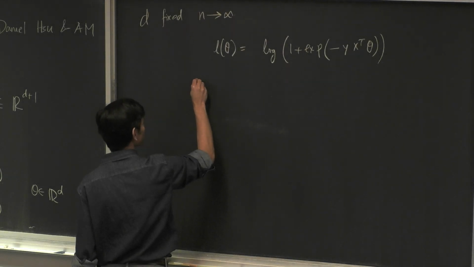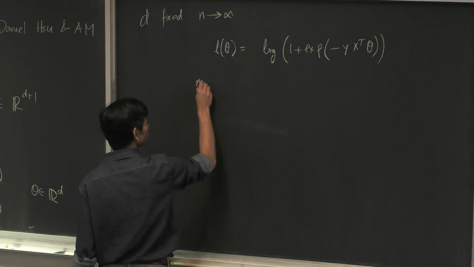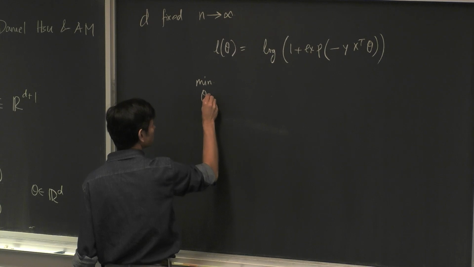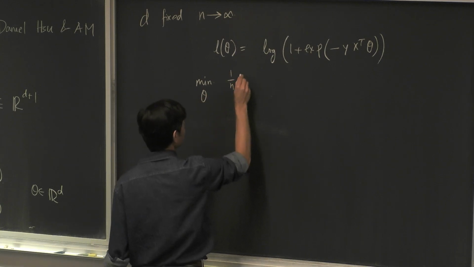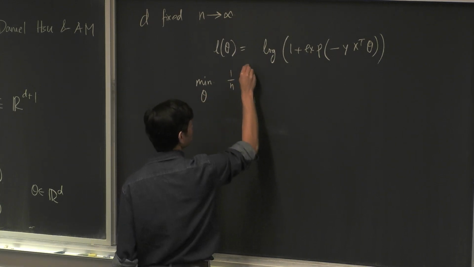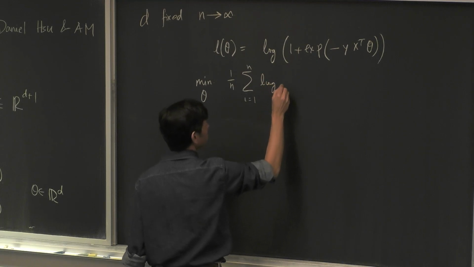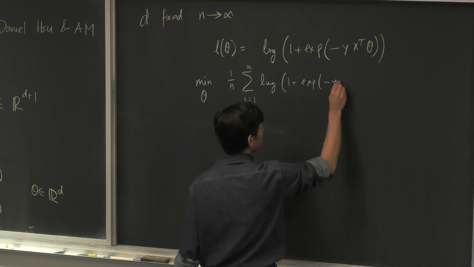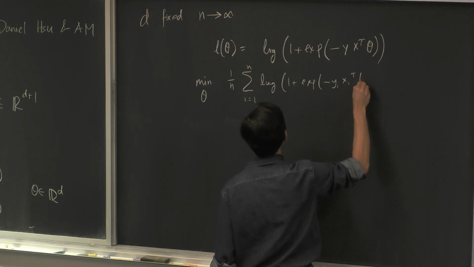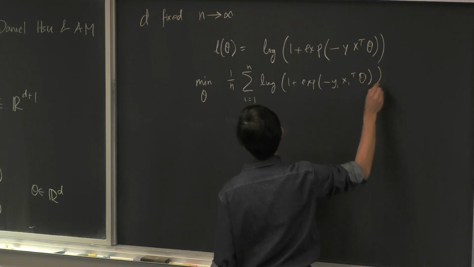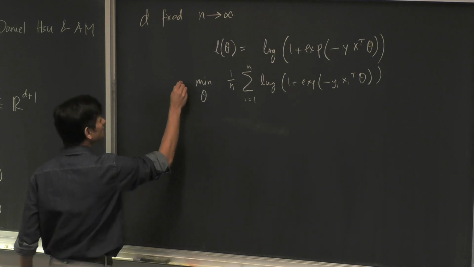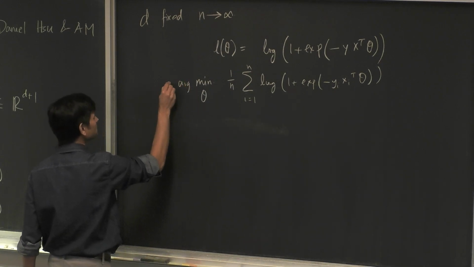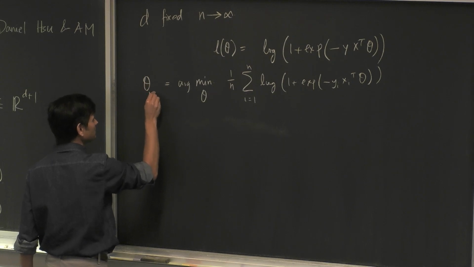What we are doing in maximum likelihood is minimizing over all theta (1/n) sum for i going from 1 to n of log of 1 plus exponential of minus yi xi transpose theta. The argmin of this we call theta MLE.